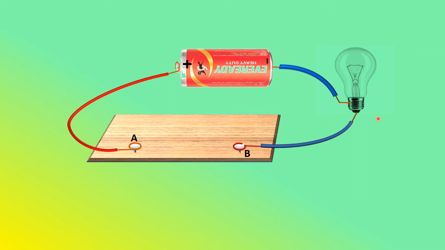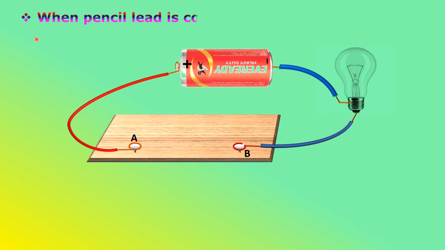Here I will connect the materials I have taken one after another between A and B, and see whether the bulb glows or not. Every time I will check. Okay, let us see here.